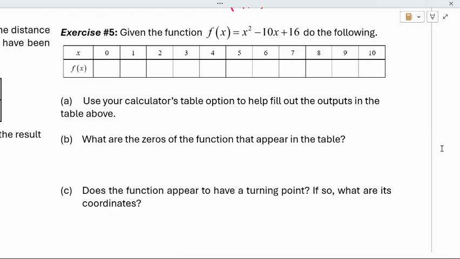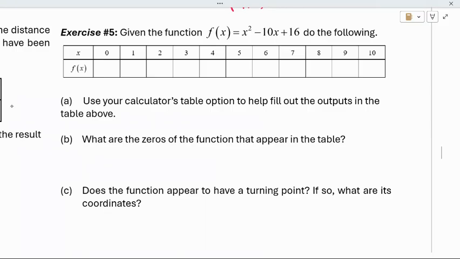Okay, thank you, ma'am. We have one more table, so we're going to go back to our y equals button. Press y equals on your calculator, and you're going to type in this equation. Remember, this is your x button. You have to start with x, and then the caret button.